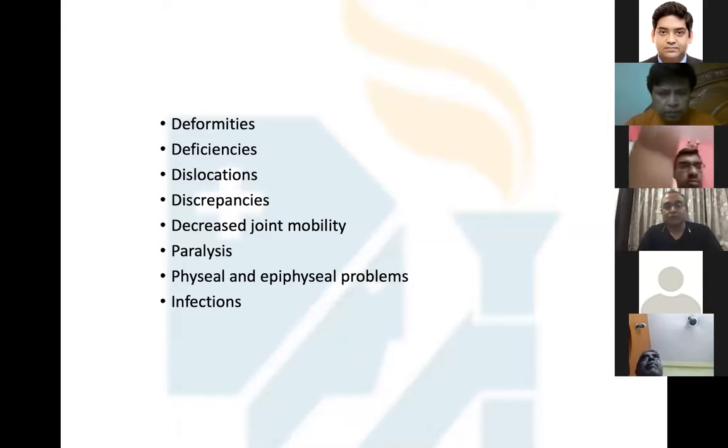Most of the time, 50% of our clinical diagnosis comes from a proper history and proper inspection. For dislocated conditions, discrepancies, decreased joint mobility, paralysis, or any physical issues, along with inspection we have to add our skills of palpation, movements, and measurements.